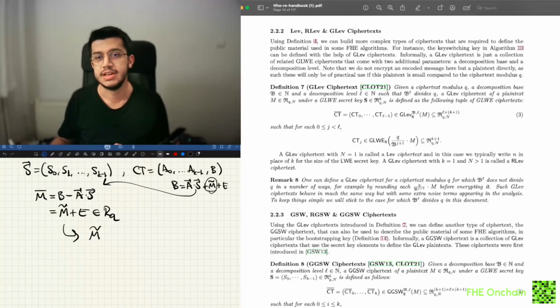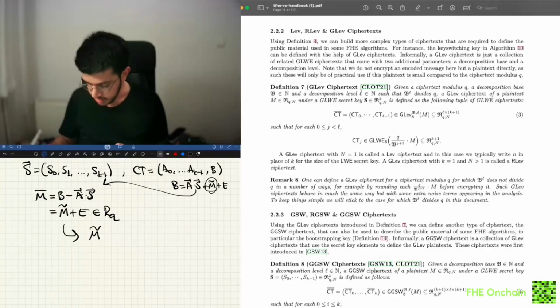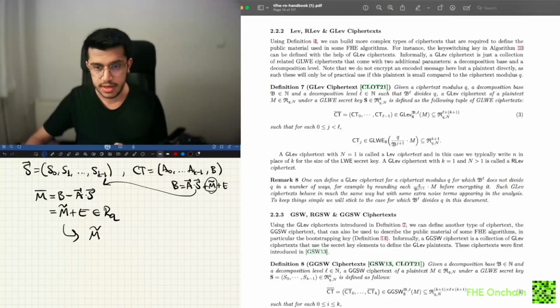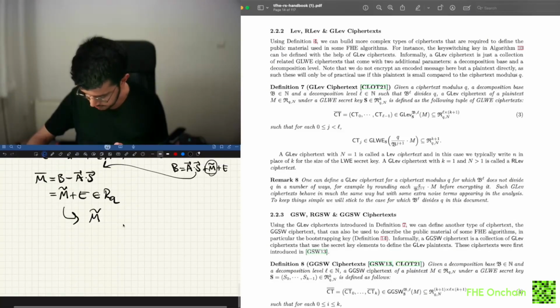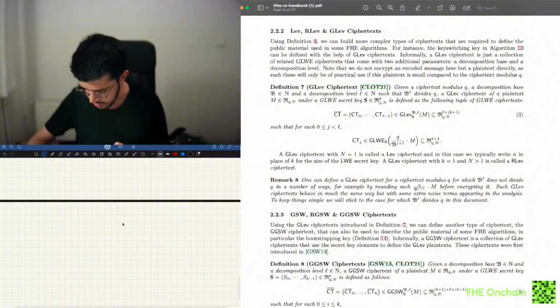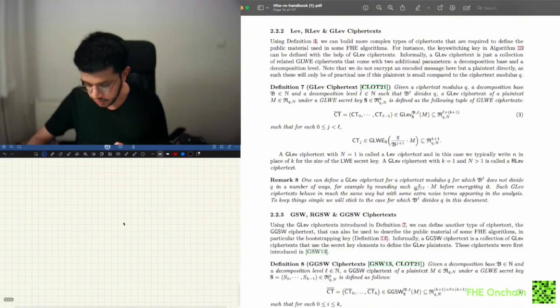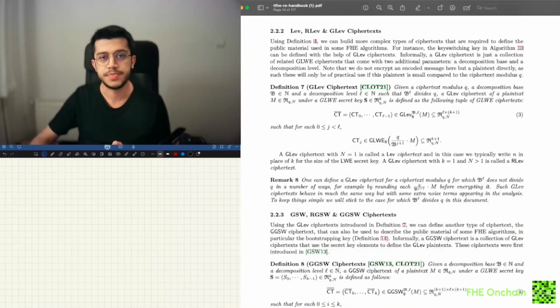I need to learn, but these are a bit different because their morphology is more complicated than the previous ones. So let's start with the GLev one, and the other will be another step forward.